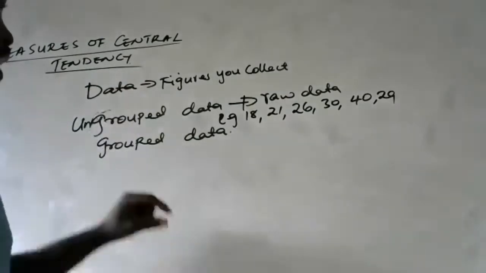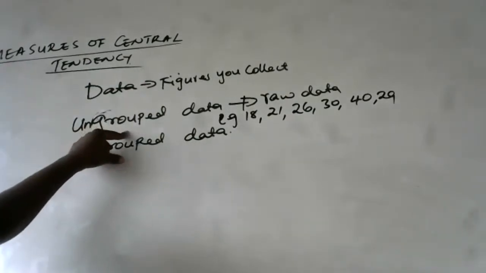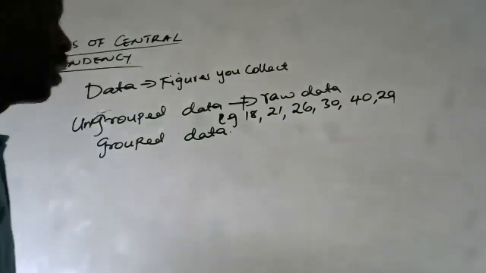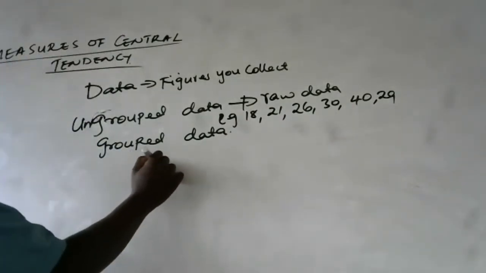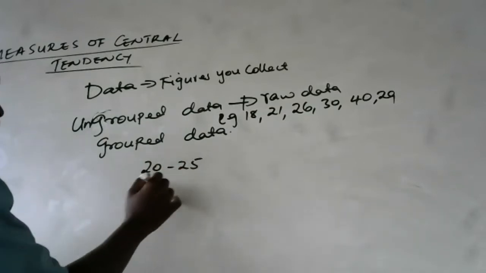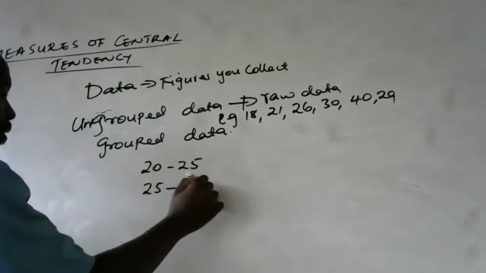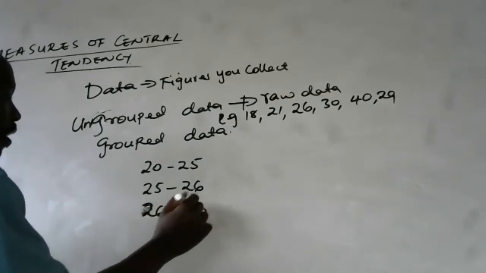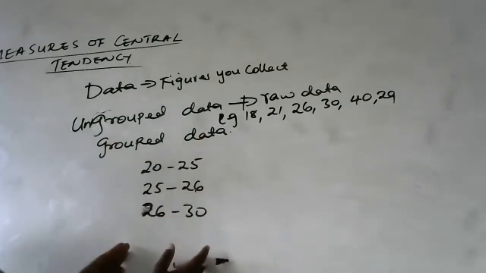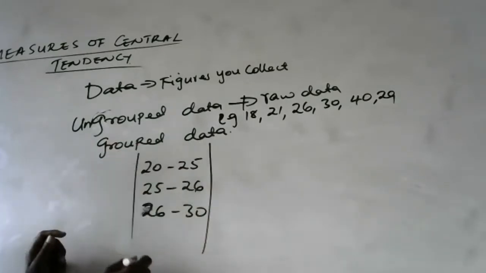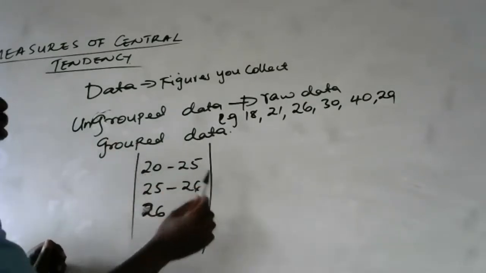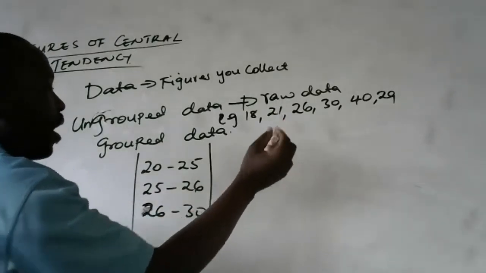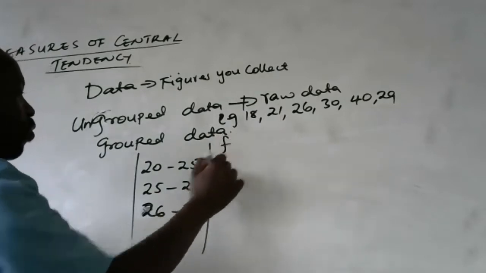We also have another type of data which we refer to as grouped. Instead of having the data like this, we can decide to say from maybe 20 to 25, 25 to 26, 26 to 30. Then here we count how many are between 20 and 25, and we say the frequency is 1.